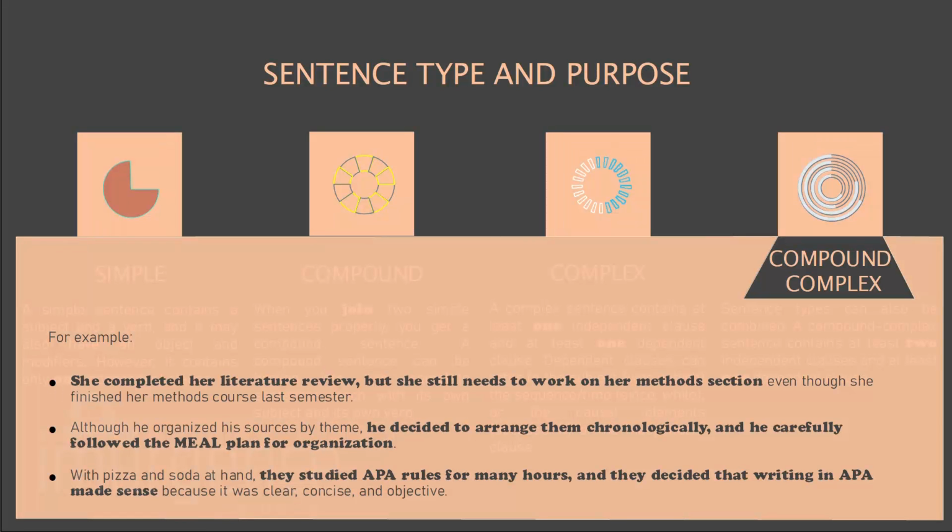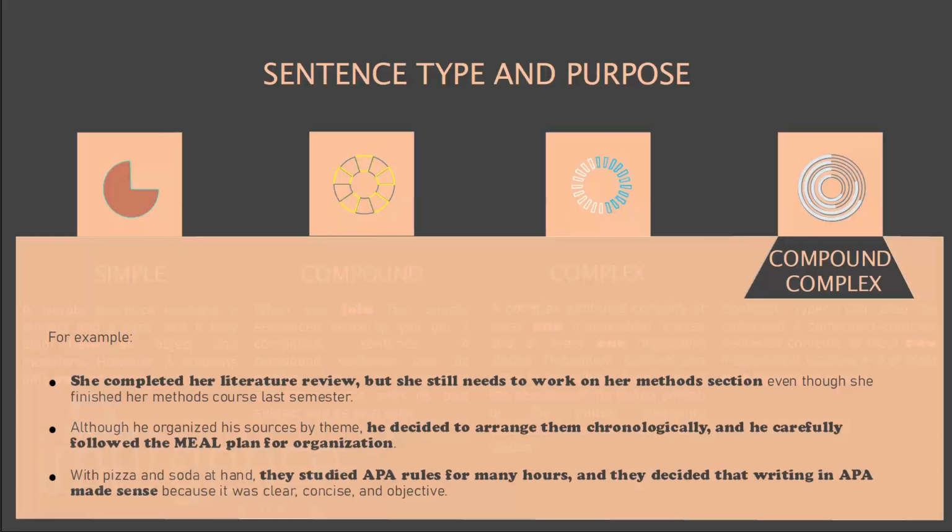So primarily, a compound-complex sentence has dependent and independent clauses that can be separated using a conjunction, and can also be separated using a colon or semicolon to make it a compound sentence.